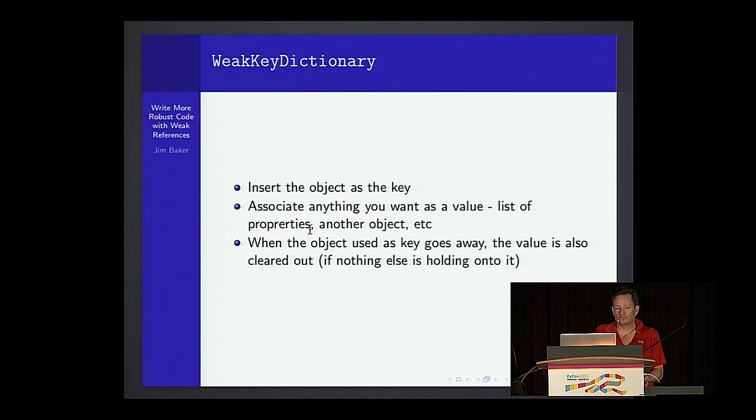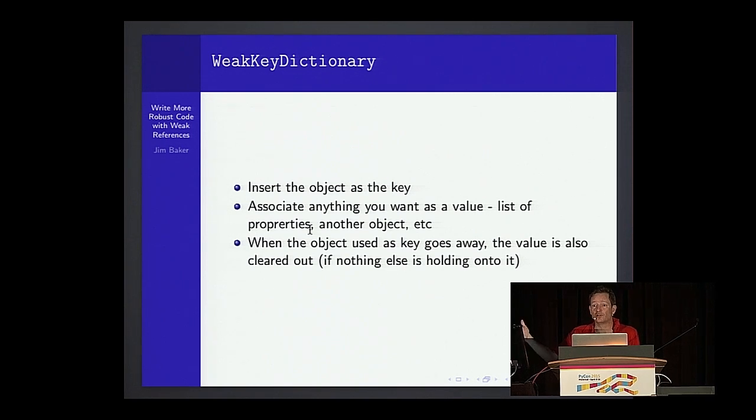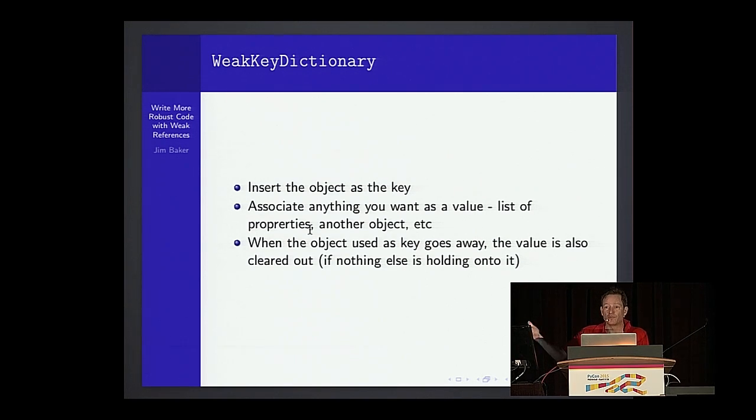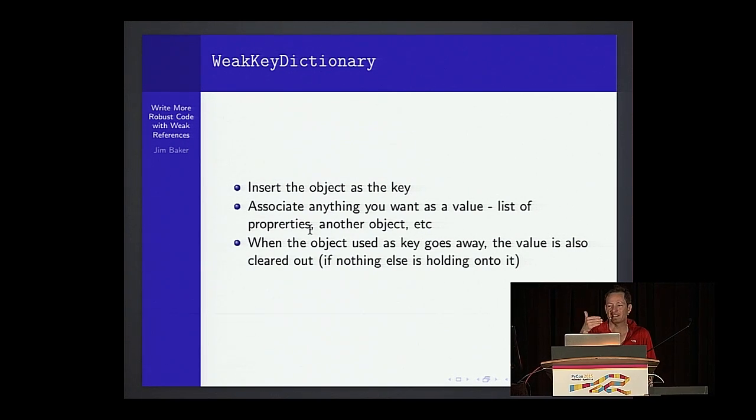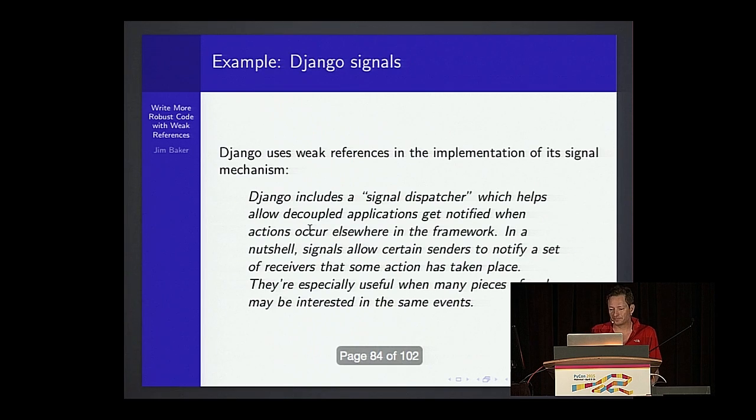So the item for that key will be removed. And if there's nothing holding on to those associated values in, say, that lookup table, that will also be cleaned up. So we have a lookup table that works the way we want it. The object is gone. These interesting additional properties that we were associating with it are gone now as well, because nothing else is holding on to it.